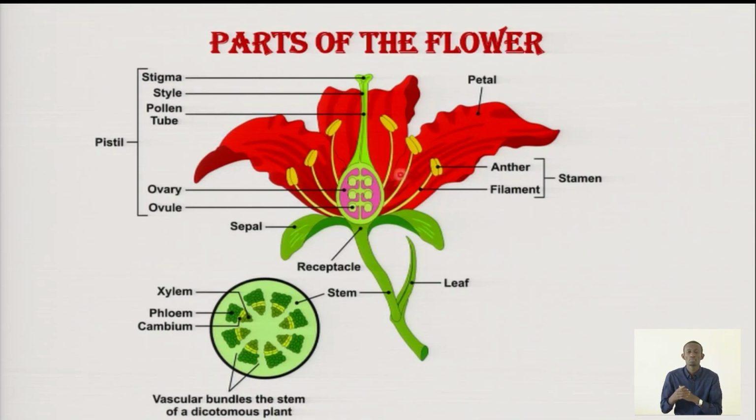From there, we have the female part of the flower, which is called pistil, or we can even call it carpel. This one is made up of three main parts. It has the stigma. The stigma is very important. It has the style, and it has the ovary.